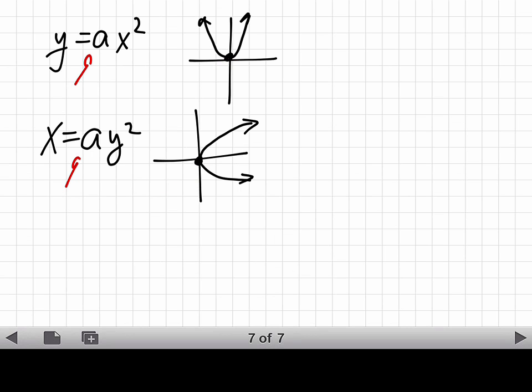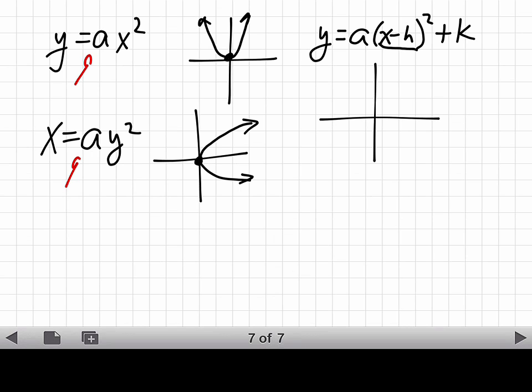If the vertex is somewhere other than the origin, then we had y equals a times the quantity x minus h squared plus k. Since x is in the squared portion for this equation, this is a vertically oriented parabola, meaning opening up or down, with its vertex at (h, k).